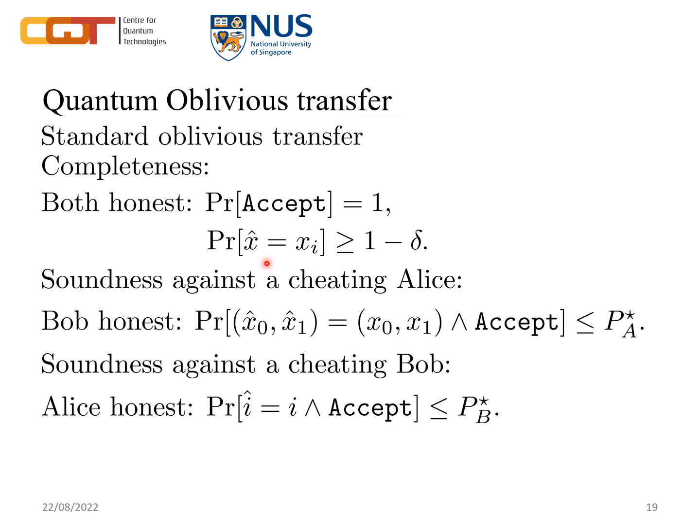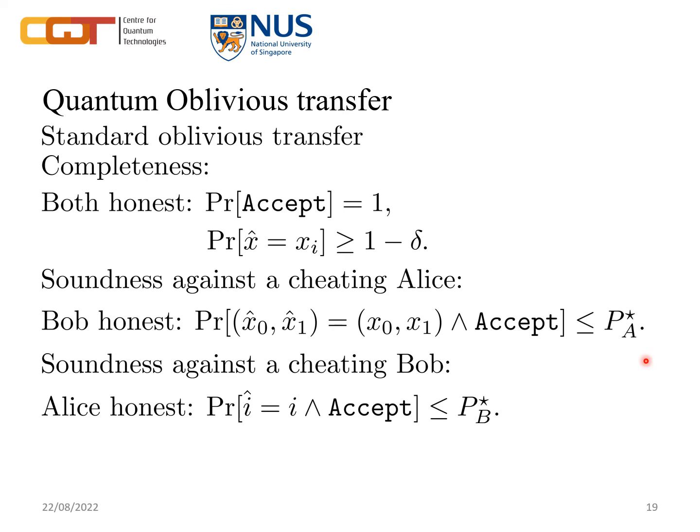We say this quantum oblivious transfer protocol is PA star sound against a cheating Alice if, with a probability of less than PA star, a cheating Alice can guess hat x0, hat x1 for an honest Bob's two data bits x0, x1 correctly, and both parties accept the protocol.